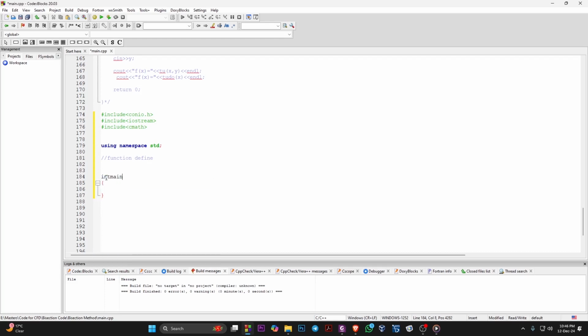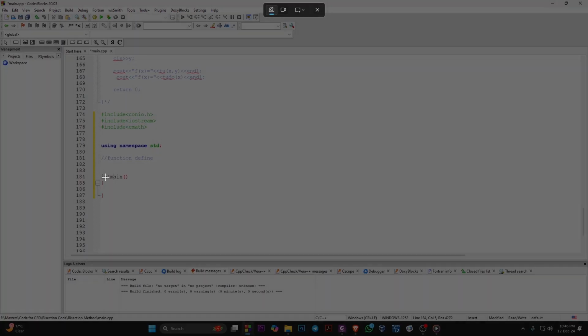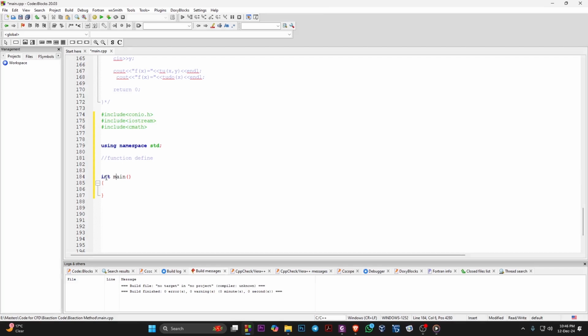This is my int main function. So I want to define this function just before the int main.